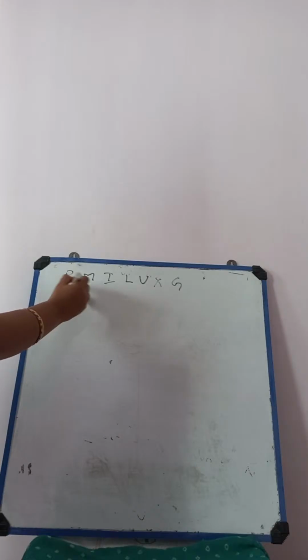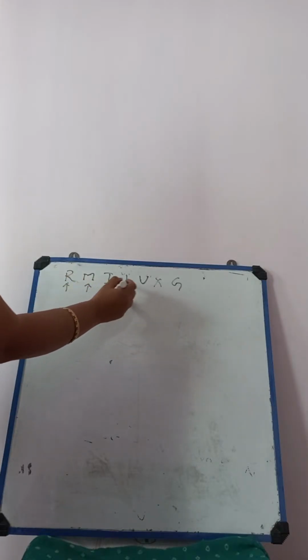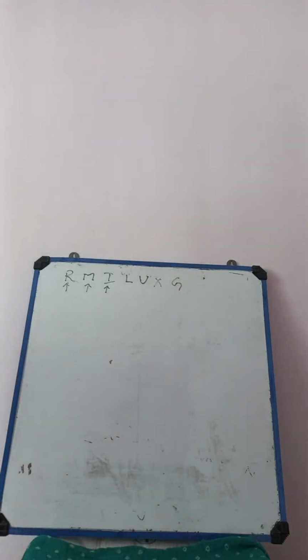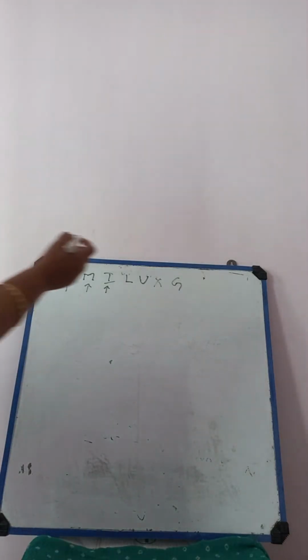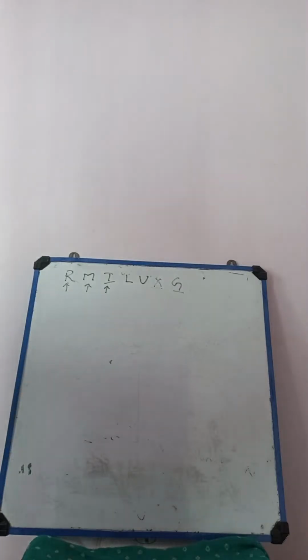Radio waves, microwaves, infrared, then UV rays, then X-rays, and then gamma rays. Here they are asking for descending order of the frequencies.